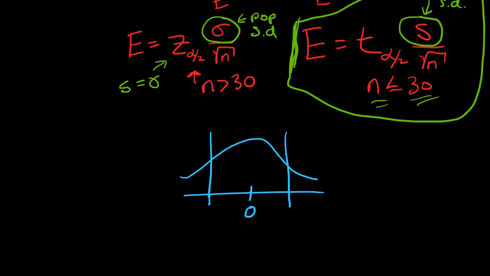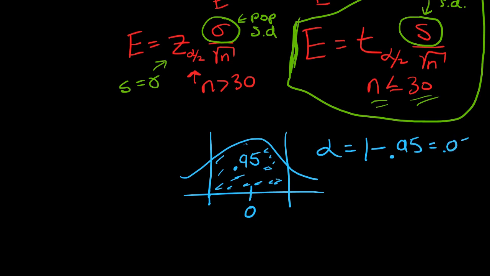So 0.95 is in the middle of the distribution of t. Alpha is how much is left over. So 1 minus 0.95 equals 0.05, so there's 0.05 left over for the tails.